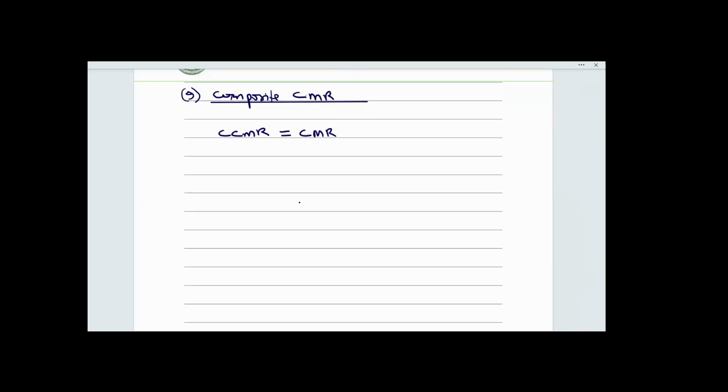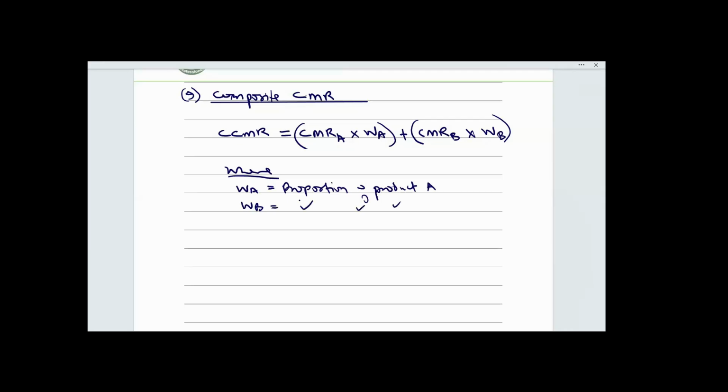So contribution margin ratio of product A multiplied by the proportion of product A, plus contribution margin ratio of product B multiplied by the proportion of product B. That's the formula, where WA is the proportion of product A and WB is the proportion of product B.